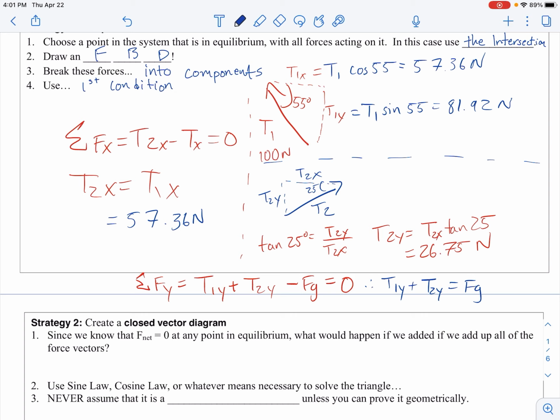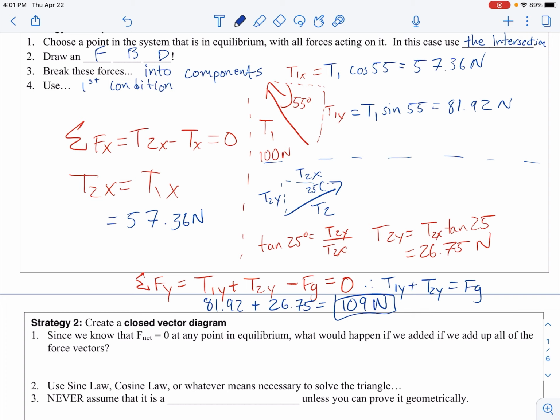Adding together the numbers I calculated, T1y is 81.92 and T2y is 26.75, which equals about 109 newtons. That gives me the weight of my sign. If I wanted, I could divide that by 10 to find the mass of the sign.